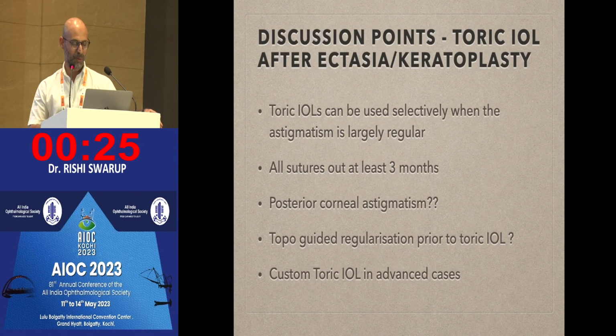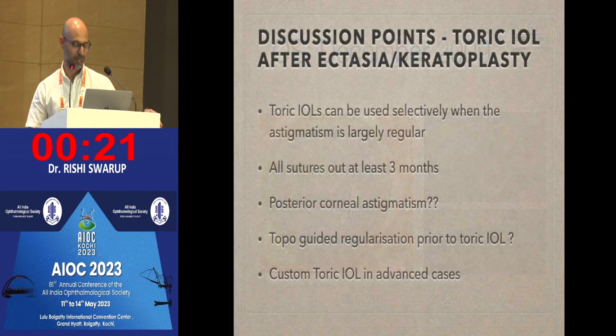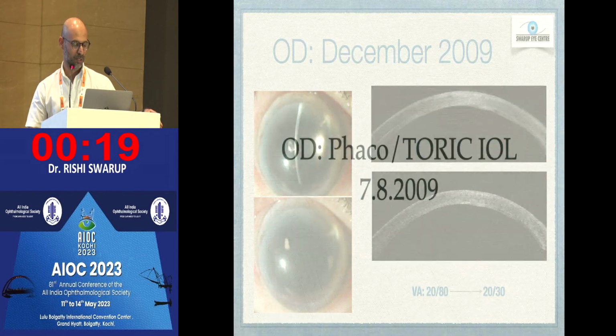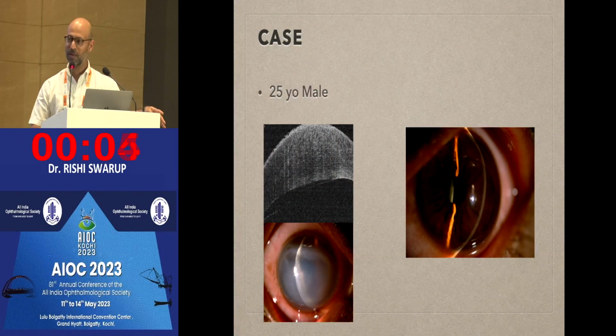So we went ahead and did a cataract surgery for her, and she basically got a good outcome. That's what she looked like afterwards. Best corrected vision was 20/30 with a toric lens, of course. Again, I'm sorry I don't have the topographies here, but if the topography is largely regular, you can go ahead and put toric lenses in ectasias.